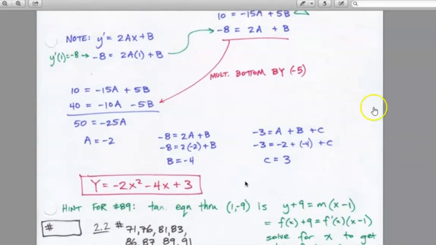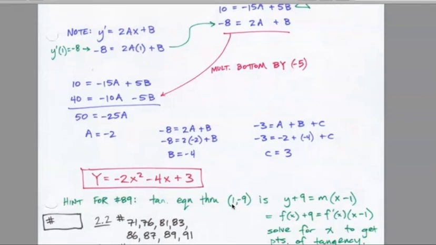So that's that. The homework hint for today is for problem number 89, you're asked to work with the tangent line and its equation through the point (1, -9). The equation of any line through a given point can be given, if you have the slope, as y plus 9 equals the slope times x minus the x-coordinate, in this case 1.